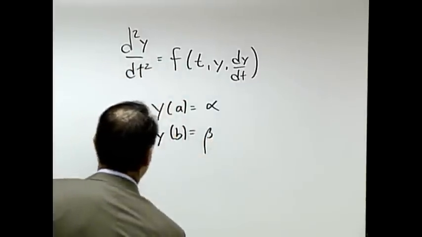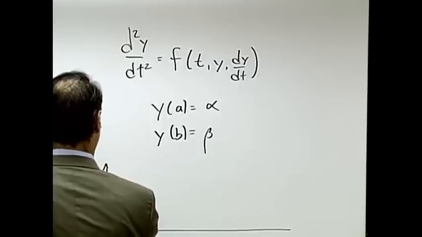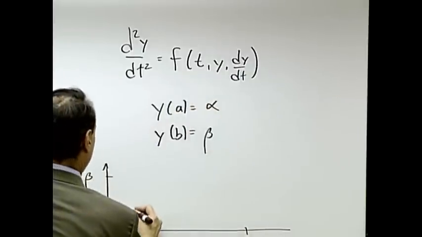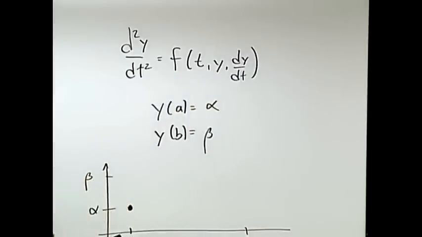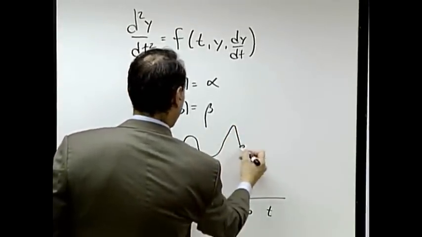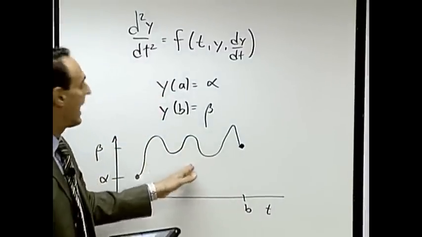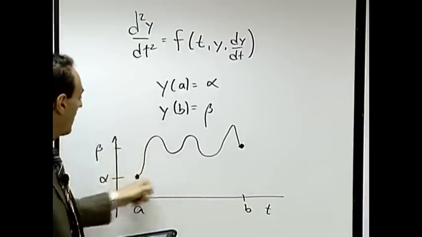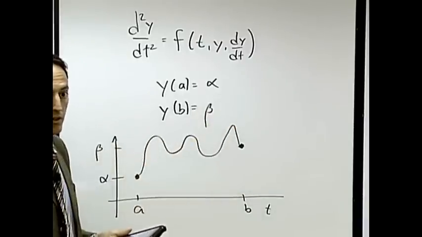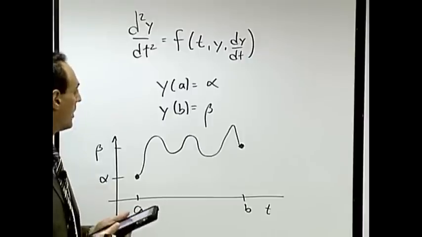So really, you're looking for some solution in some interval, t, and you specify that at time a, it's alpha, and it does something funny around here, and then it ends up with, at the other end, beta. Okay? So in between, it has to satisfy this equation, and at the boundaries, you have to constrain it to here. So this is sort of the generic way to think about doing that boundary value problem. Okay? All right, so that is the algorithm.